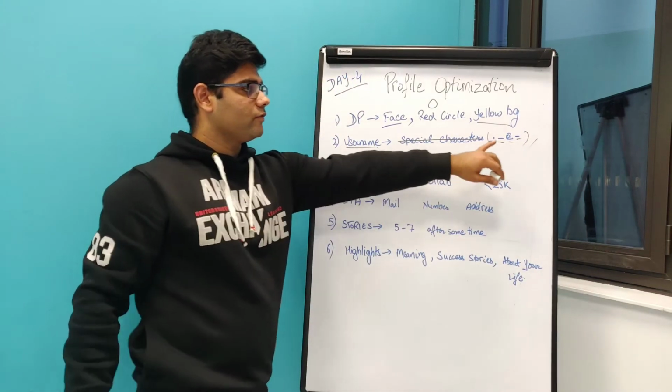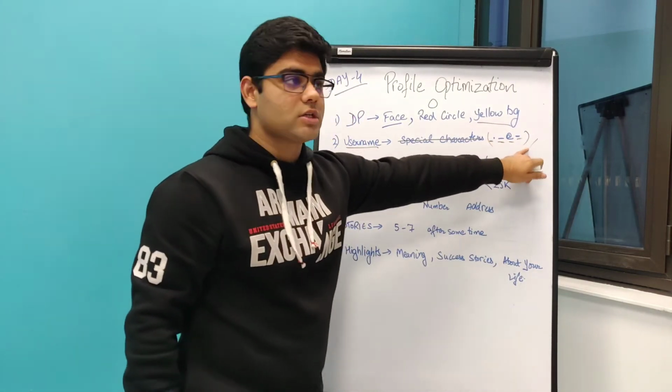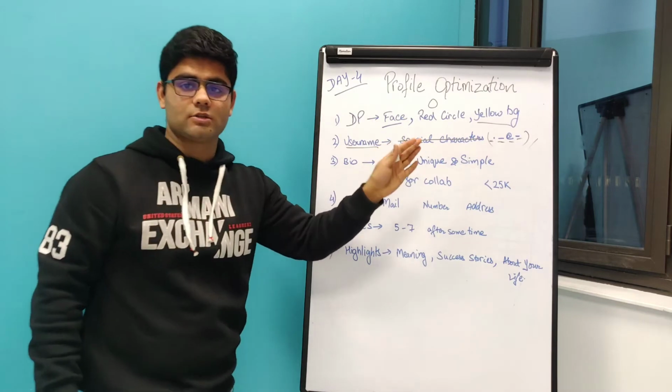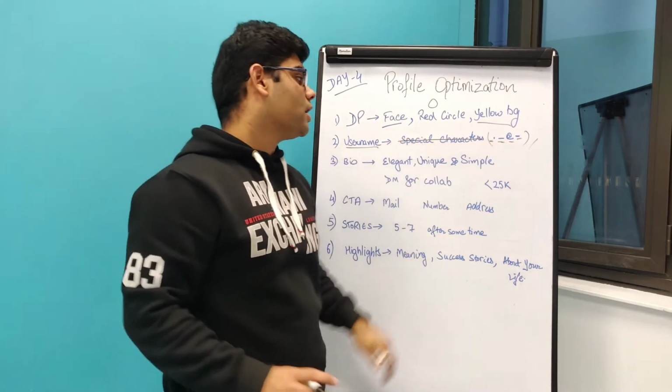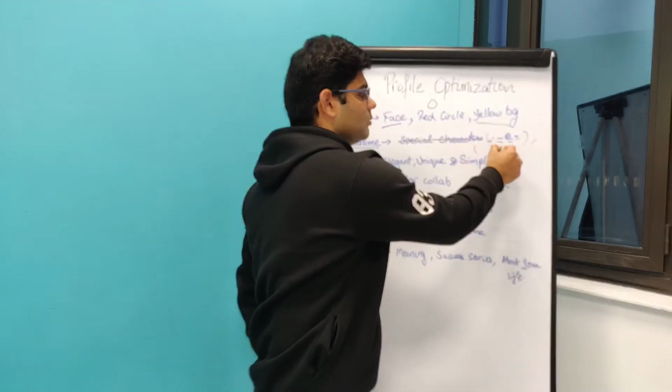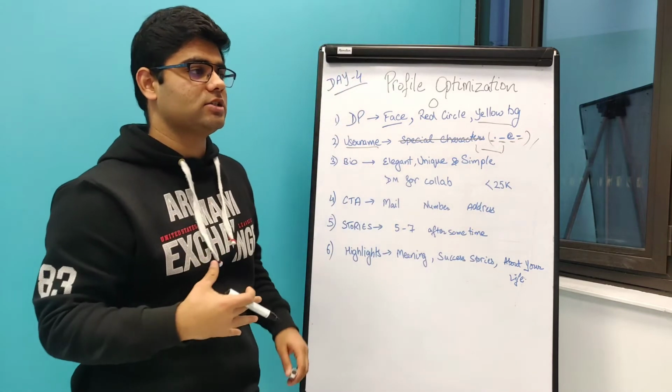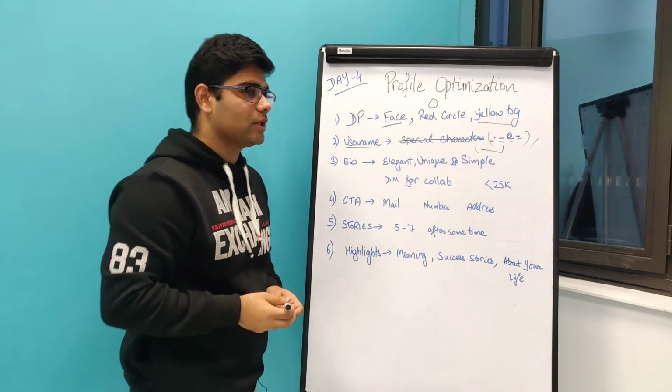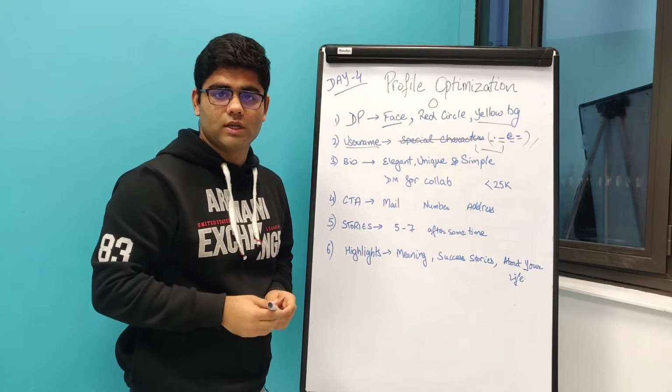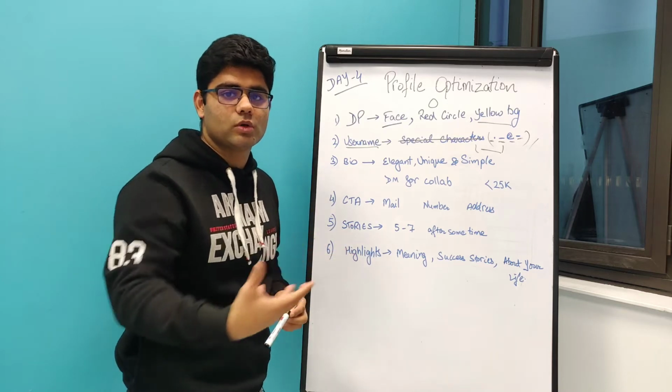I don't know if these are allowed in a username, but even if they are, don't use these kinds of things. Make a very simple username, a word that is catchy. It should be something that is very easy for someone to understand.